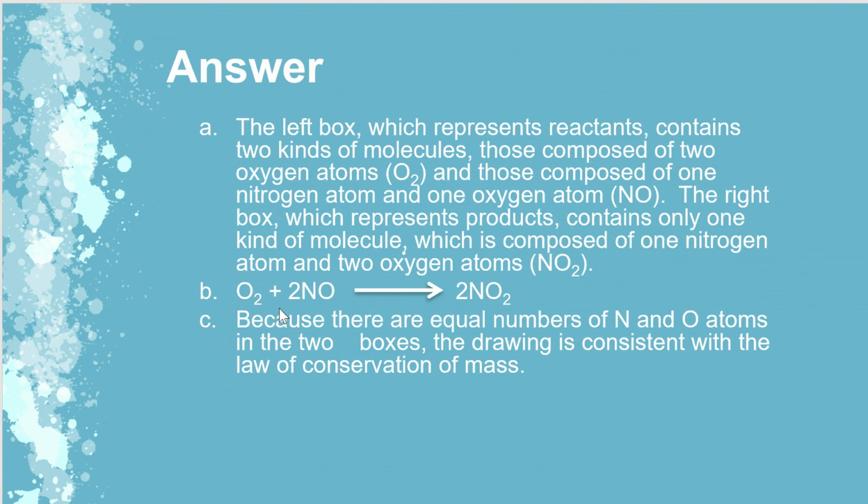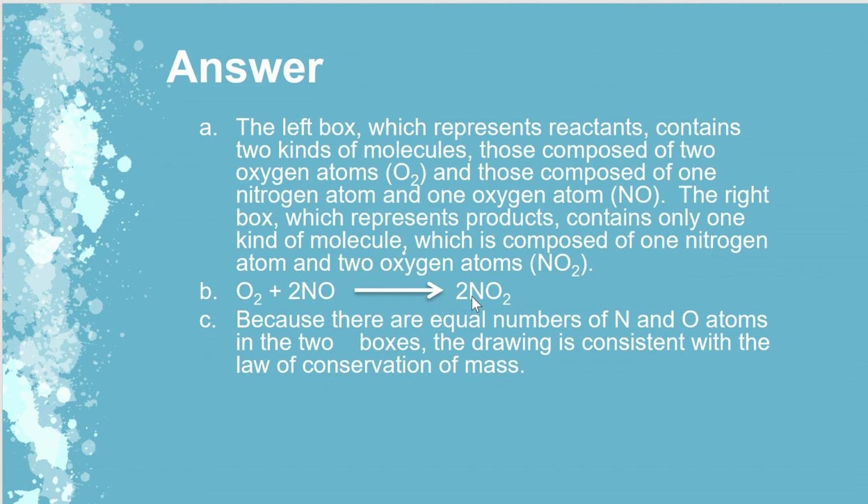So part B says, write a balanced equation for the reaction. So we have O2 plus NO gives us NO2, right? That's what we would write down. The next thing is we'll try to balance that equation. So just imagine for a moment that we don't have any coefficients, right?